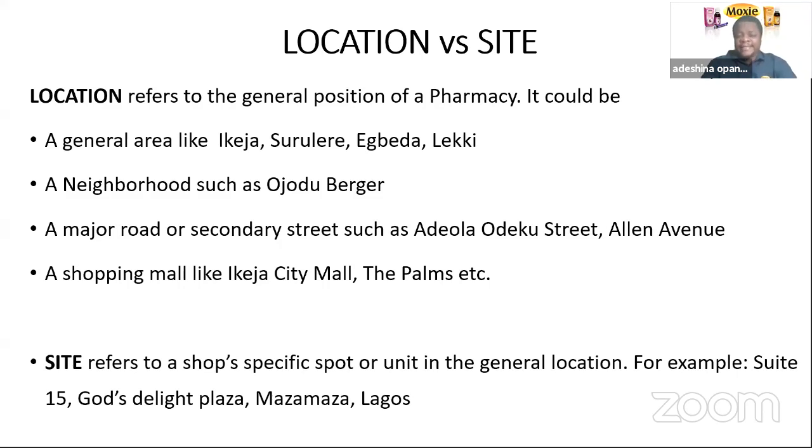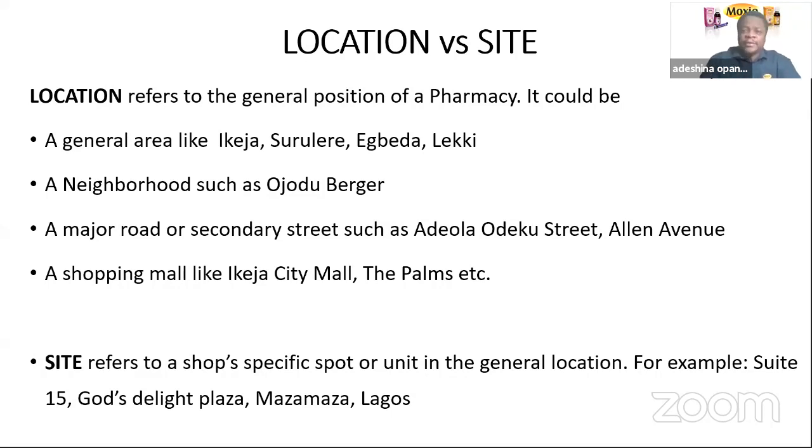However, when you talk of a site, it refers to a store's specific spot or unit in a general location. So it can be number 15, Adiola Hopewell Street, Victoria Island. It can be store 2, Joy Plaza, Maza.